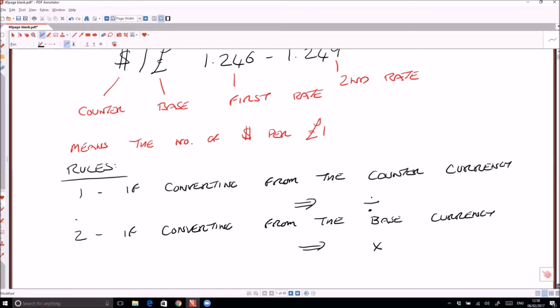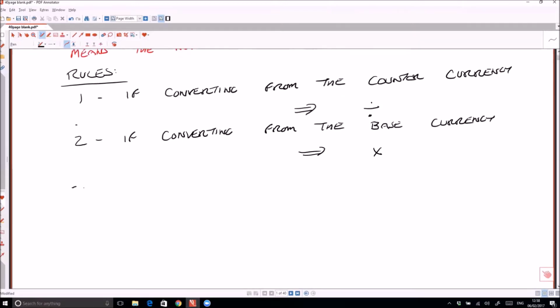Rules 3 and 4 are all about which rates to use. These are perhaps more important. This is the area that causes the biggest confusion. There are many ways of looking at this, and I talk about what I'm doing to the counter currency. I simply say, if I'm buying the counter currency, what will I do?